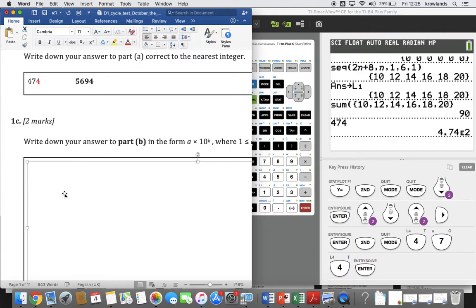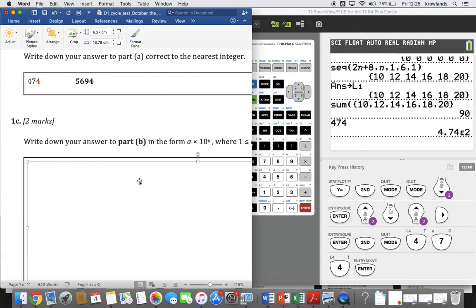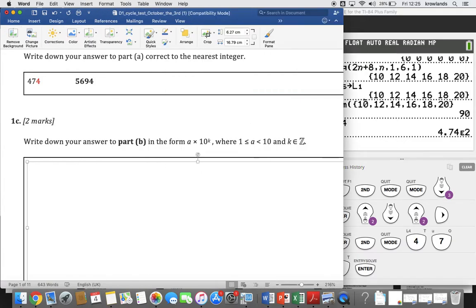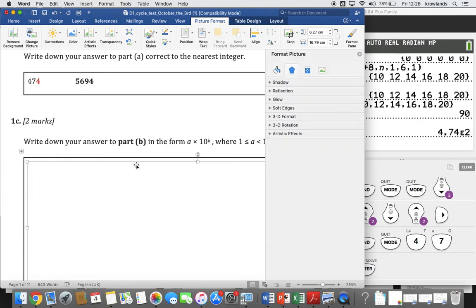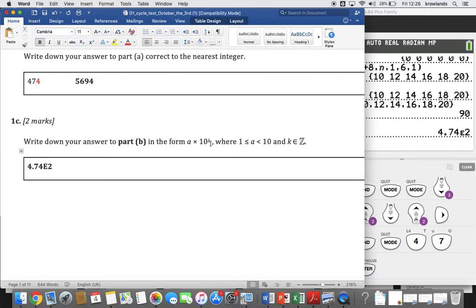So if I type here 4.74 E2, that would be our answer, but not quite. What's missing from this answer is that we are supposed to write it in this format, a times 10 to the power of something.